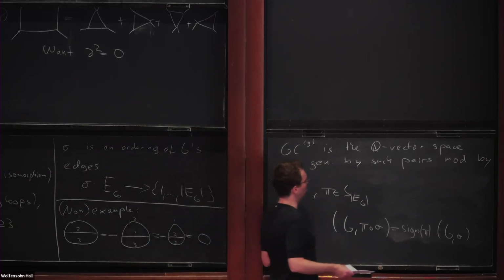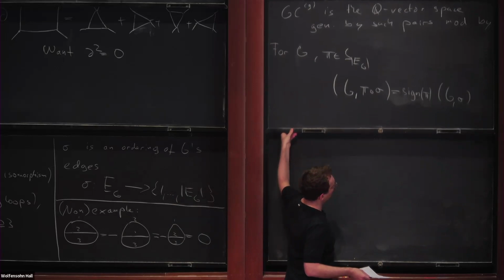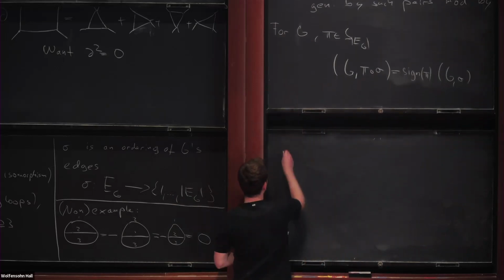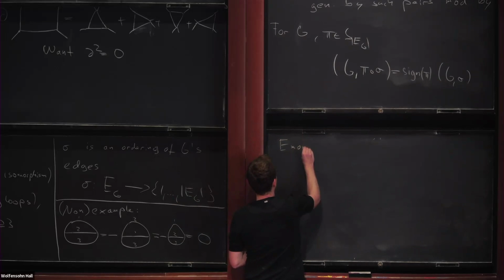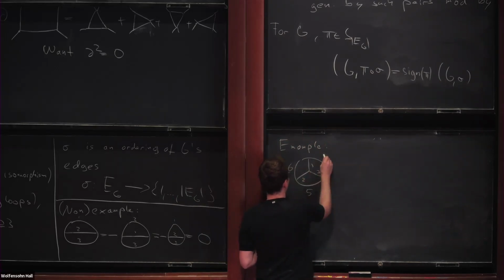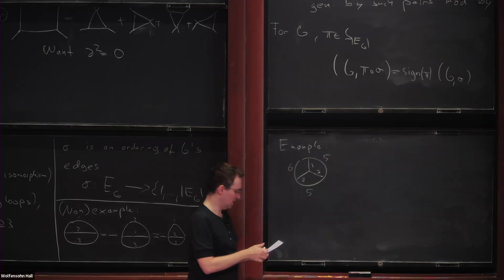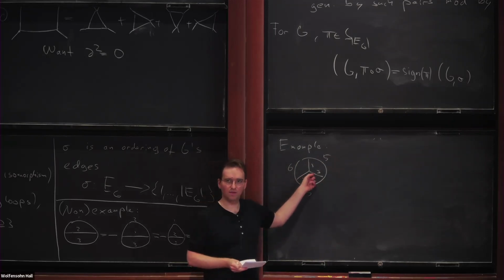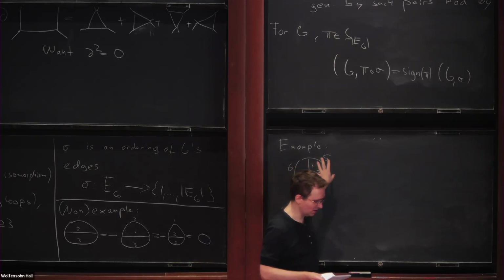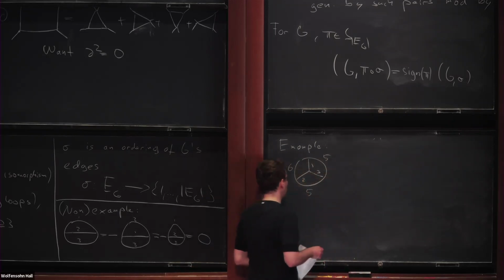So for a proper example, an example is this tetrahedron graph, which we can just give some labels. And you can check that this graph, even though it has many automorphisms, none of these automorphisms changes the labeling of the edges by an odd permutation.